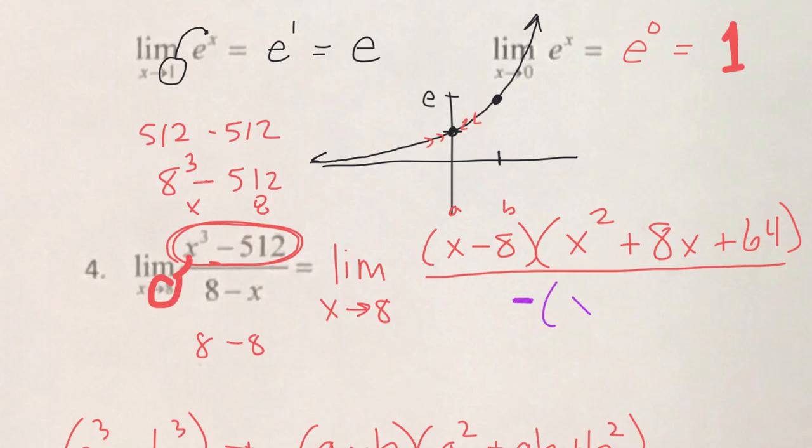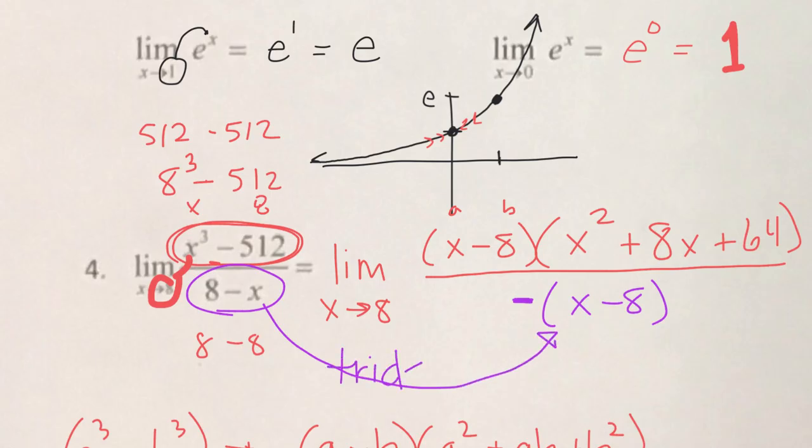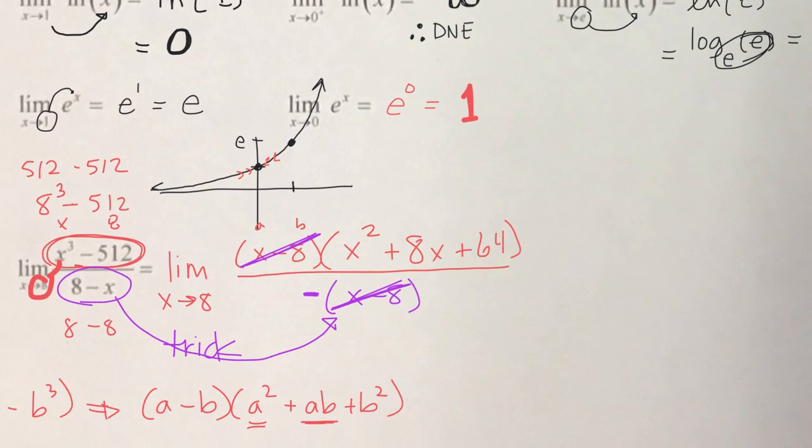Take the negative of x minus 8, right? So this is our trick factorization. We want to have an x minus 8 so it can divide and cancel with the x minus 8 on top. But it is not x minus 8, it's 8 minus x. So we use our trick and make it the negative of. So negative of 8 minus x is negative x minus 8.